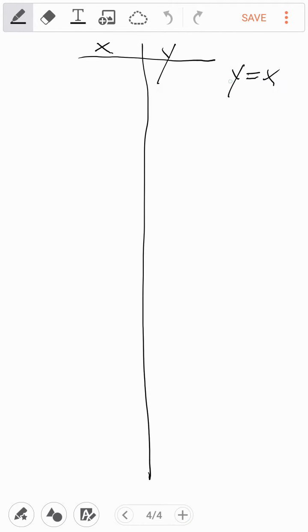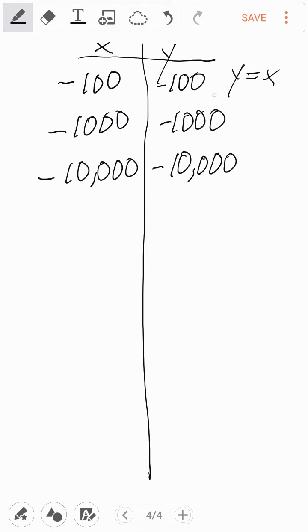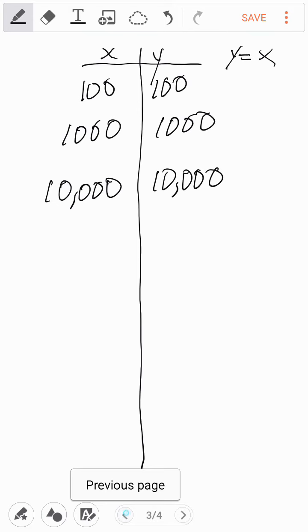So when I take a look at this graph, now I'm going to say as x gets smaller, so I have negative 100, y is negative 100. Negative 1,000, y is negative 1,000. Negative 10,000, y is negative 10,000. So I can see as x is getting smaller and smaller, y is getting smaller and smaller.